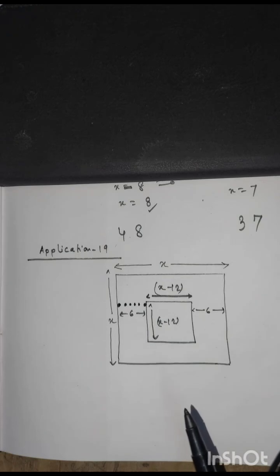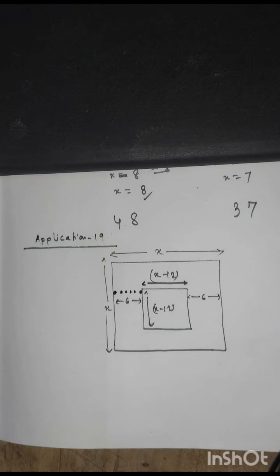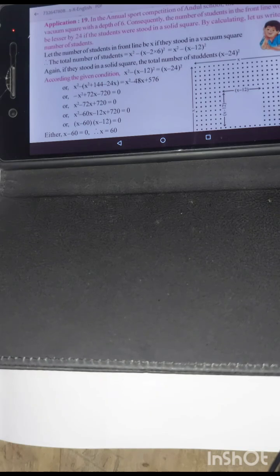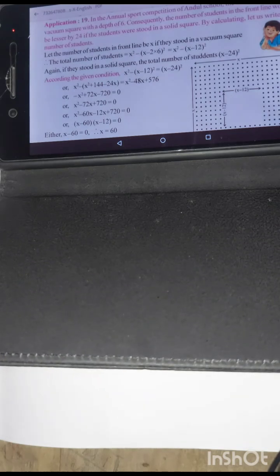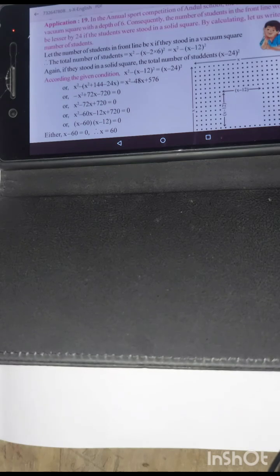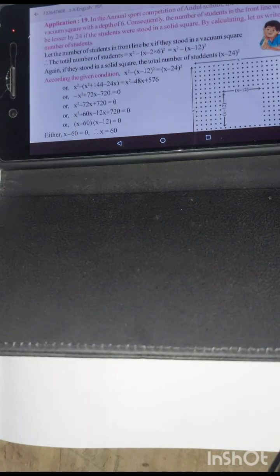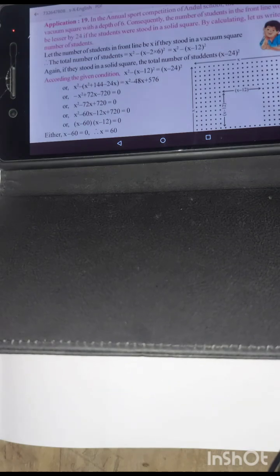So the question says, if the students were stood in a solid square, the number of students in the front row would be lesser by 24.